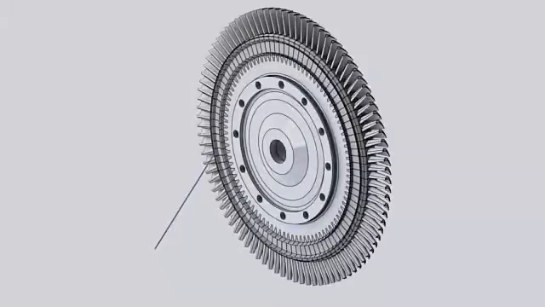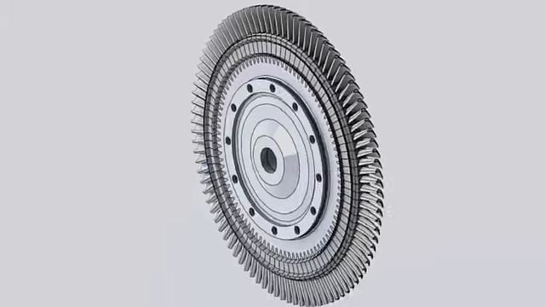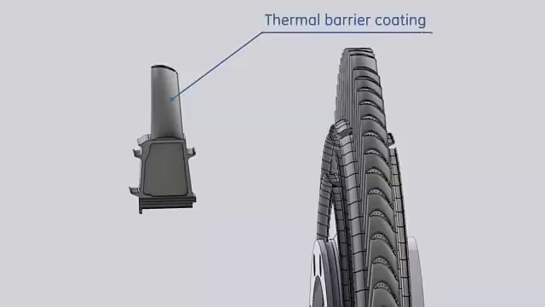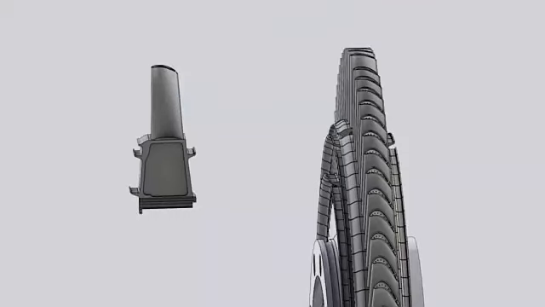The first wheel carries the 92 buckets of the first turbine stage. Like the next 2 stages, buckets could be disassembled without rotor removal. Being the first part then encountered by the hot gases leaving the first stage nozzles, these buckets are protected by thermal barrier coating from outside and air-cooled from inside.